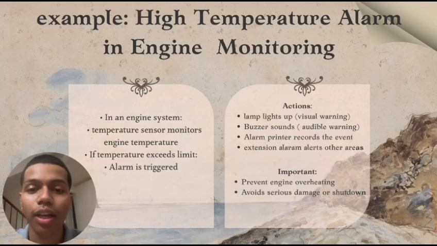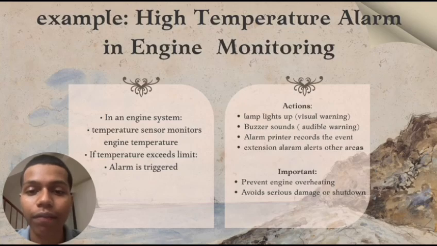Today I will talk about the high temperature alarm in the engine monitoring system. Basically, in the engine there is a temperature sensor that continuously monitors the engine temperature. If the temperature goes above the set limit, the alarm will be triggered.